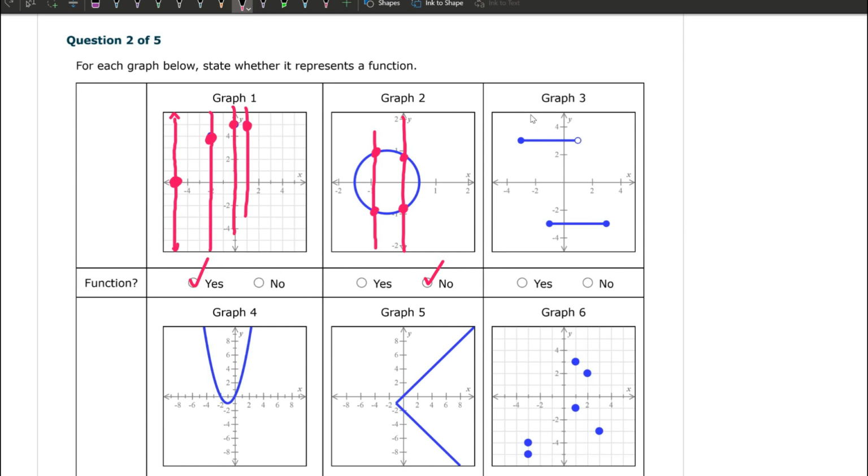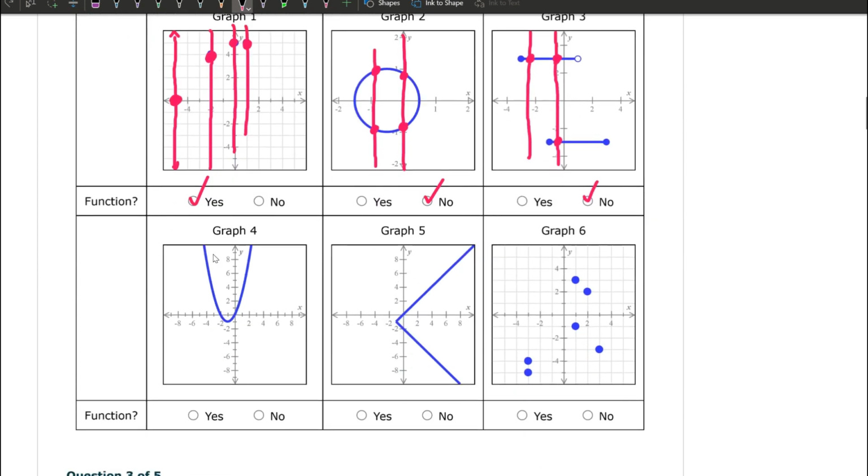Number 3, if I draw a vertical line here, they cross the blue line at 1 point, so this line is good. But if I draw another vertical line here, they cross at 2 points. The blue line is crossed at 2 points. So this is not a function. Graph 4.